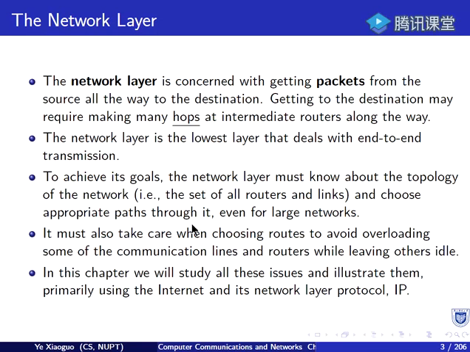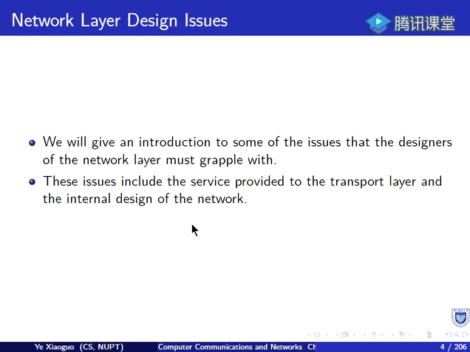In this chapter, we will study all these issues and illustrate them, primarily using the Internet and its network layer protocol, IP. We will give an introduction to some of the issues that the designers of the network layer must grapple with. These issues include the service provided to the transport layer and the internal design of the network.